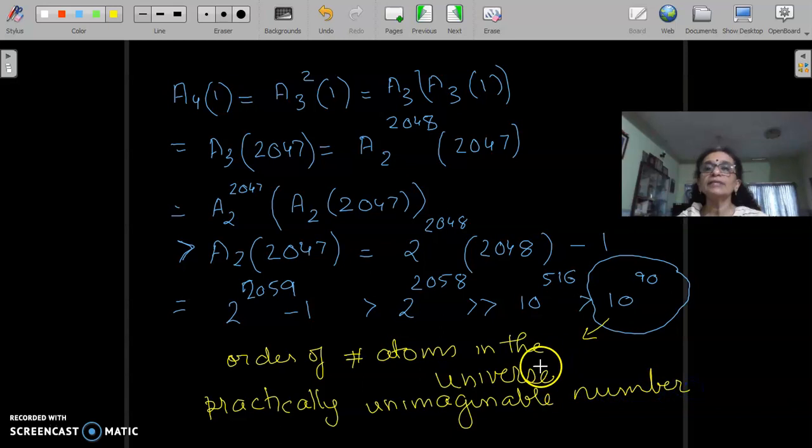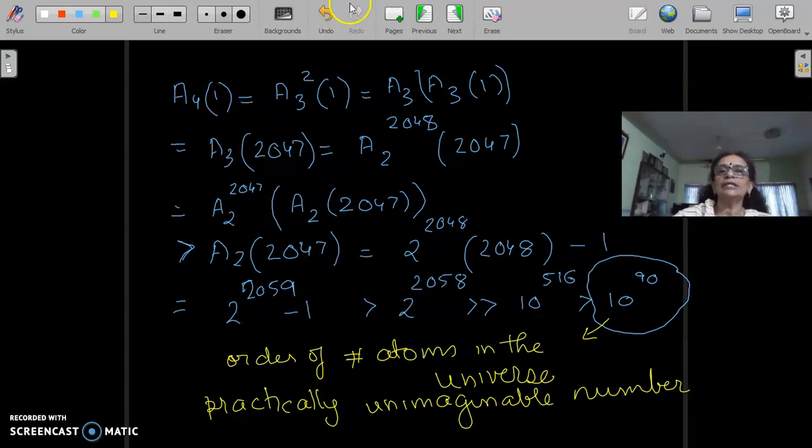There's no practical reason why anybody, in the computing domain at least, should be talking about such large numbers, because we are hardly going to come across them in any computations of that size, in the sense that we cannot talk about 10 raised to 90 distinct objects, right? So for all practical purposes, we need not go beyond A(4, 1) is what it means.